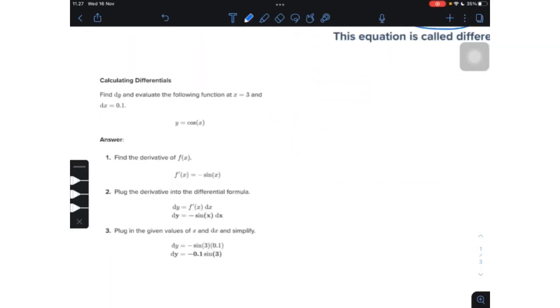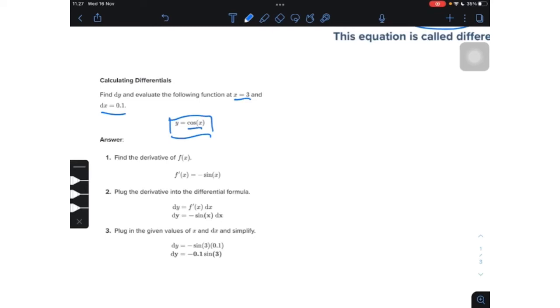For calculating differentials, find the dy and evaluate the following function at x equals 3 and dx equals 0.1. We have this function, which is y equals cos x. First, we find the derivative of f of x.